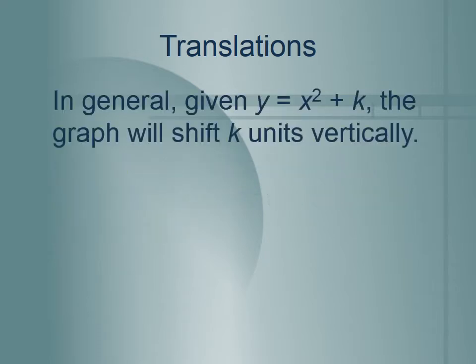So for power functions, if we have y equals x squared plus k, the graph is going to shift k units vertically, so either up k units or down k units, depending on what this number is in the function.